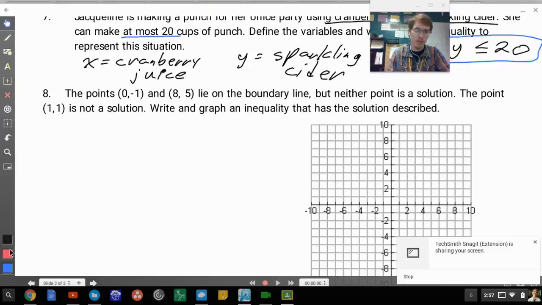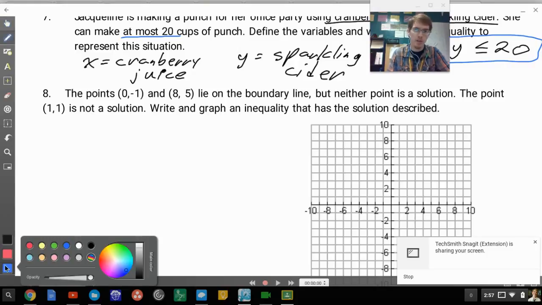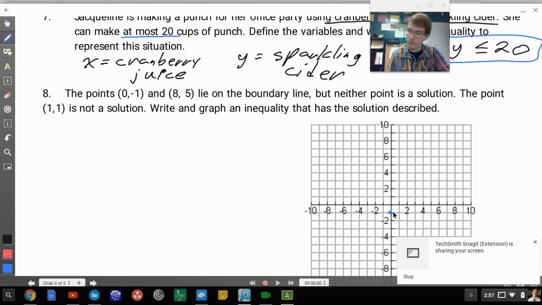All right, so we've got 3 points here. So 0, -1, and 8, 5. Now these two lie on the boundary line. So our boundary line is our dashed or solid line. Okay, they lie on that line, but neither point is a solution.